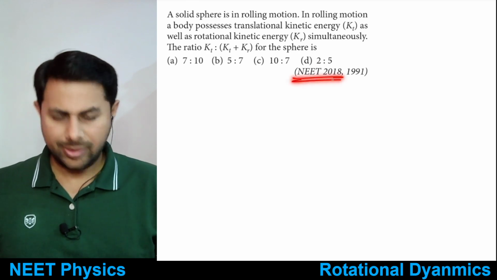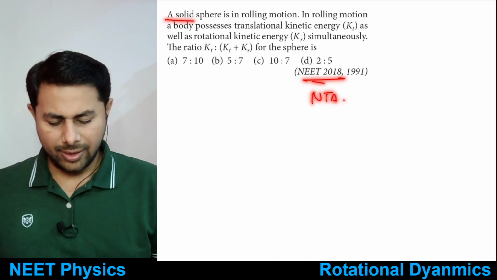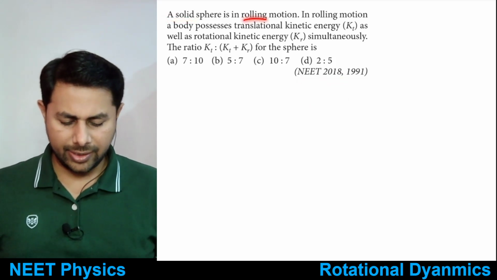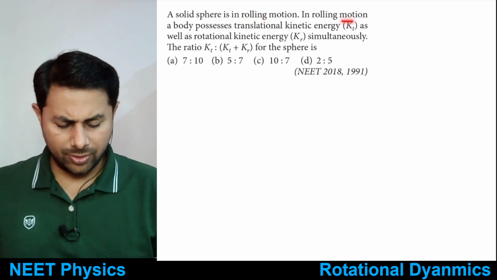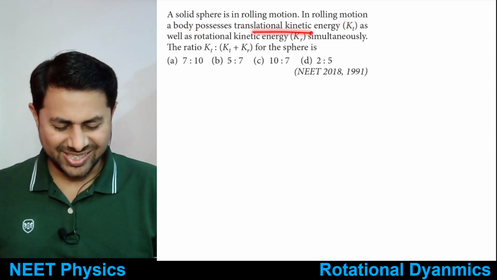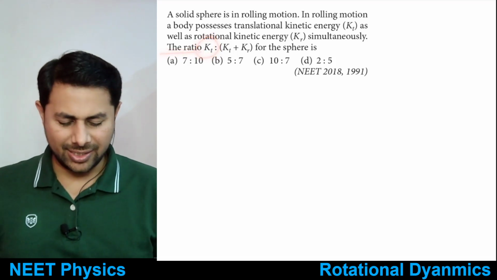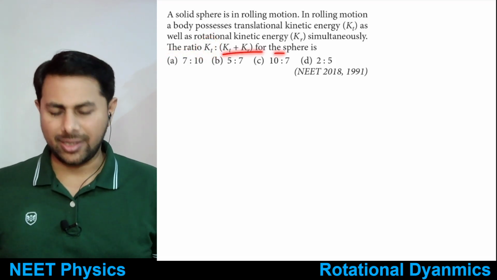This is from NEET 2018, from NTA. A solid sphere is in rolling motion. In rolling motion, a body possesses translational kinetic energy as well as rotational kinetic energy simultaneously. The ratio of kT, the translational kinetic energy, to the total kinetic energy, kT plus kr.